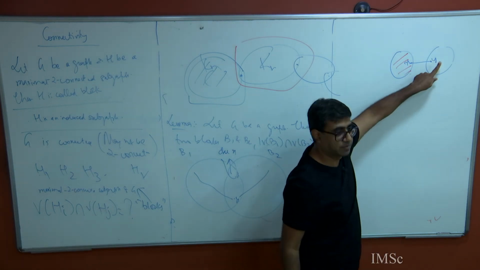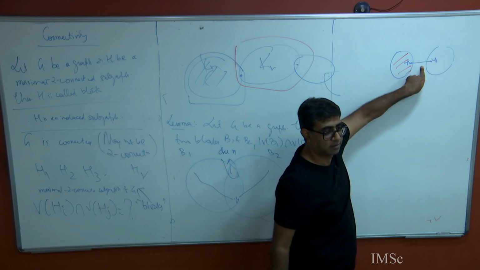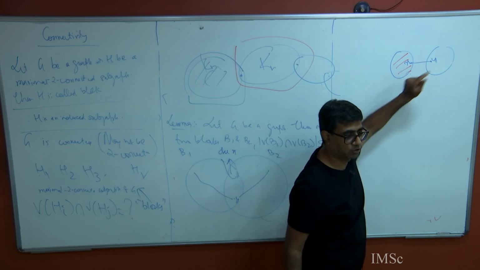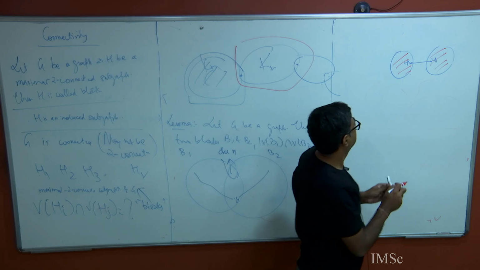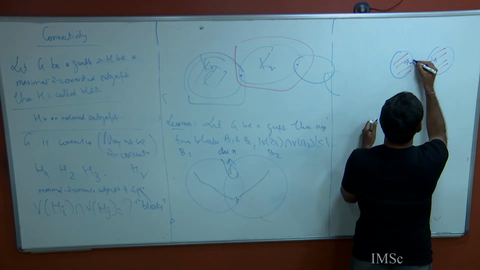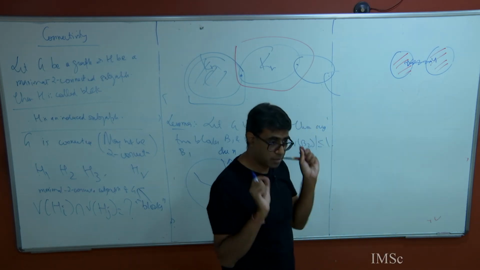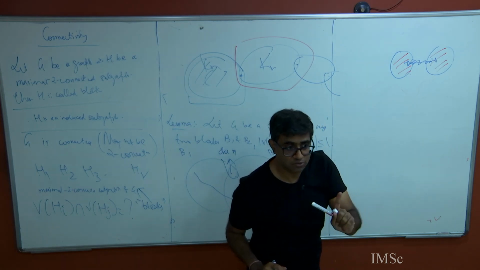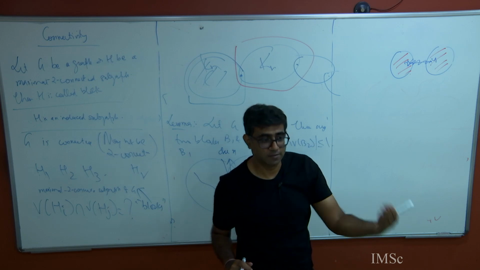It can't pick up this edge xy, because if you delete any vertex here, then you are dead. So you can't contain both x and y. This is also a block. This is also a block. A bridge is a block, a bridge, not an edge. A bridge is a block in itself.